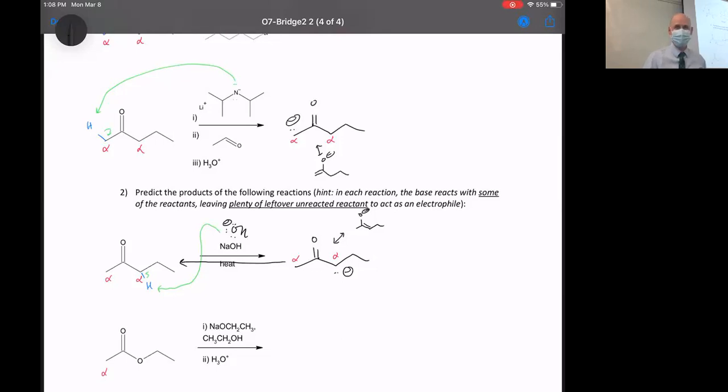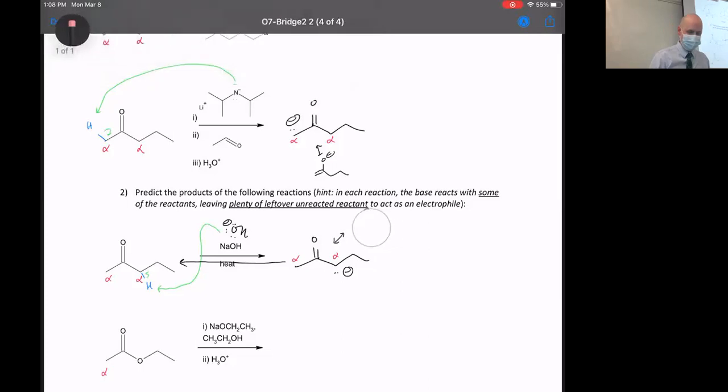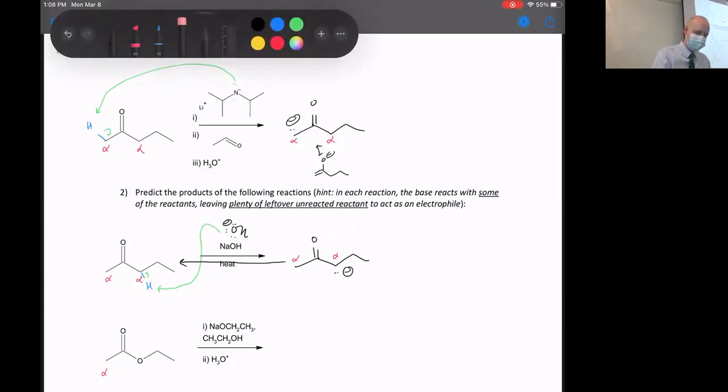Alkenes are more stable with more carbons attached. All right, probably you just want to remember that. The LDA pulls the hydrogen off of the less substituted alpha carbon, and sodium hydroxide or sodium ethoxide or any of those O- are going to pull the hydrogen off of the more substituted alpha carbon. But that's the reason why.